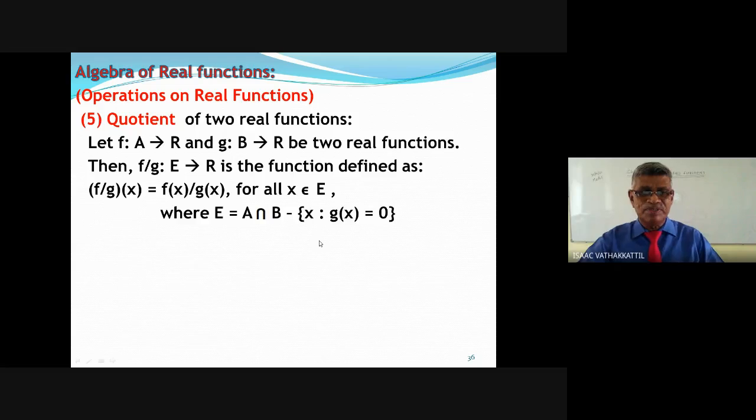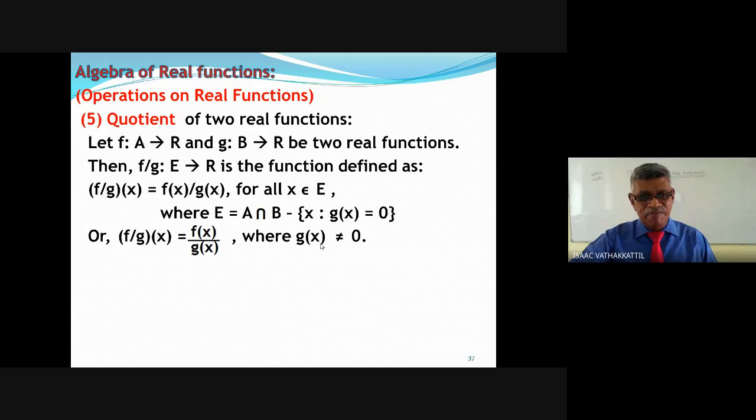So the zeros of g must be removed from the domain, or precisely (f by g)(x) is f(x) by g(x) where g(x) is not equal to 0. That means when g(x) is 0, the function f by g is not defined.